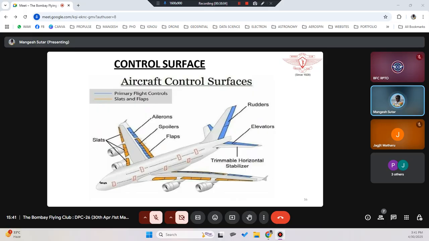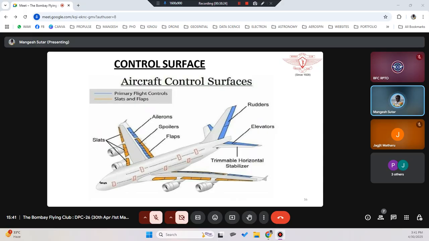There are some additional control surfaces also, like spoilers, flaps, or slats. These are called secondary flight controls. Primary flight controls will always be there on all aeroplanes.